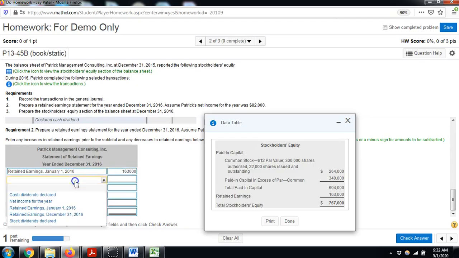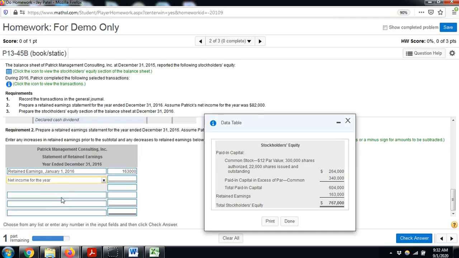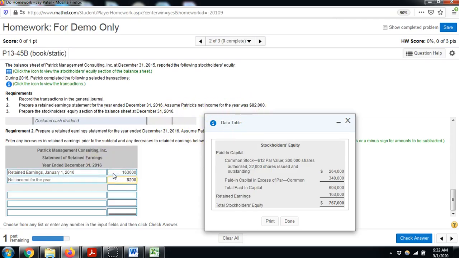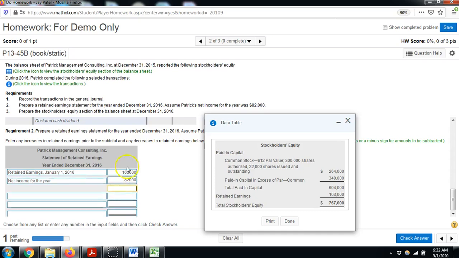So we're going to have some net income, and let's see if we have some information on that. Okay, 82,000, which we see right here. And so we add these two up to get a subtotal.